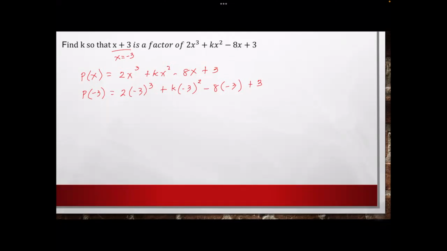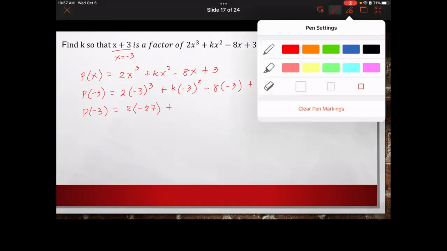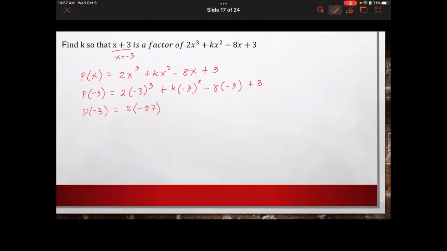So, magkakaroon tayo ng p of negative 3 is equal to, so this will be 2 times negative 27 plus that plus. Ba't siya 27?